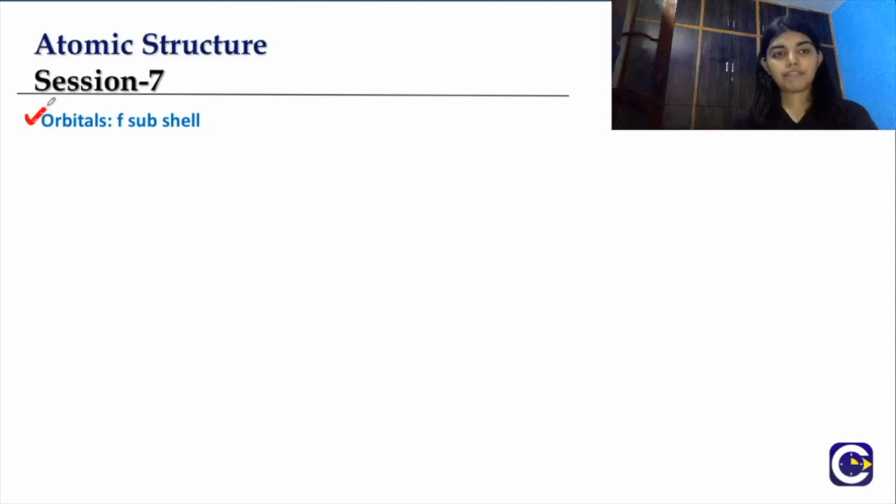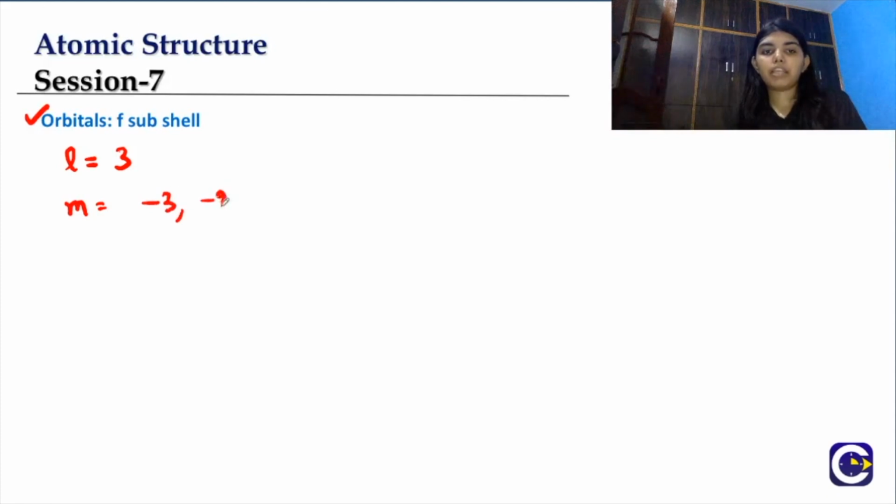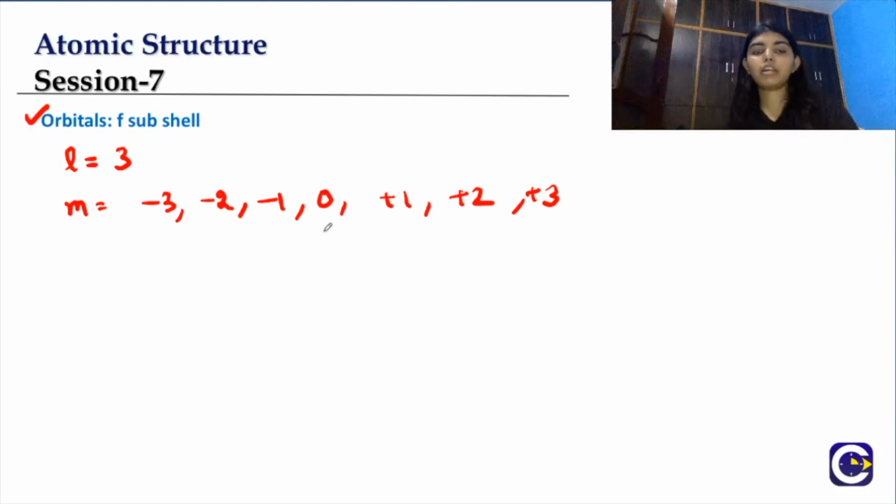Considering the f subshell, L equals 3. So m will have a value of minus 3, minus 2, minus 1, 0, plus 1, plus 2 and plus 3. So it will have how many values? 7 values.